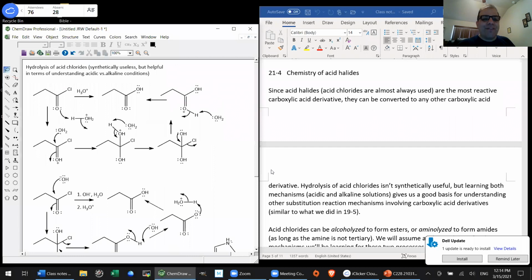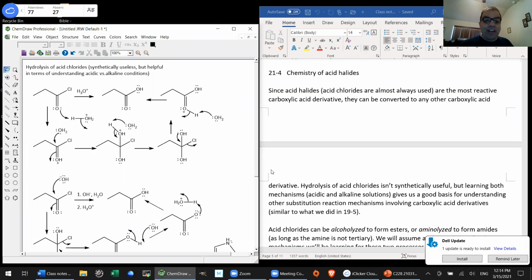And again, the reason we're going over these hydrolysis reactions is not because one would ever do either of these steps in real life, not that at least I could imagine, but it's to get us used to the idea of how acid chlorides will behave under either acidic or alkaline conditions, so that we're ready for either type of scenario.